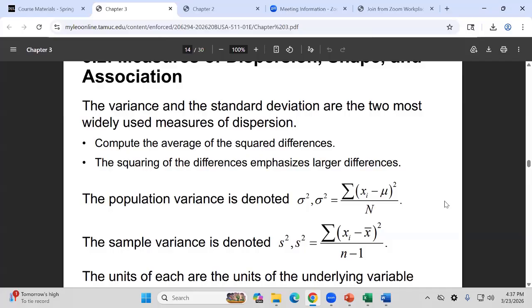The way to calculate the standard deviation is you take each data value minus the mean, and then calculate the squared value of this difference.